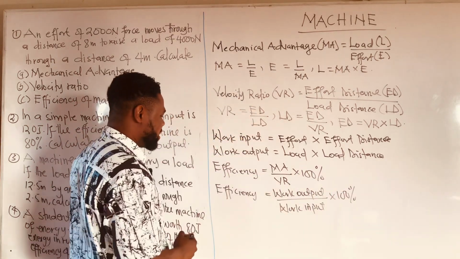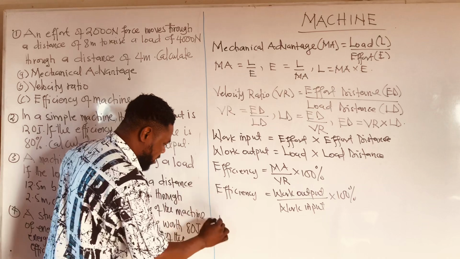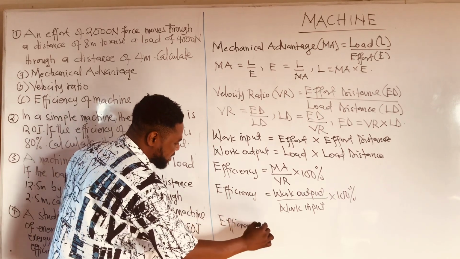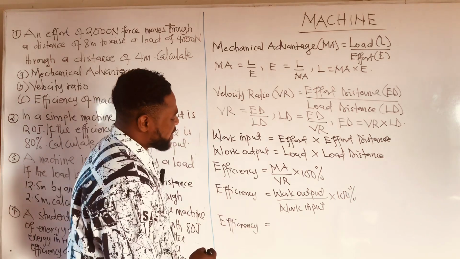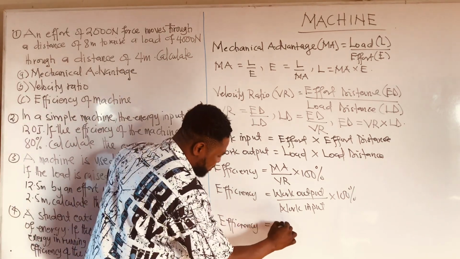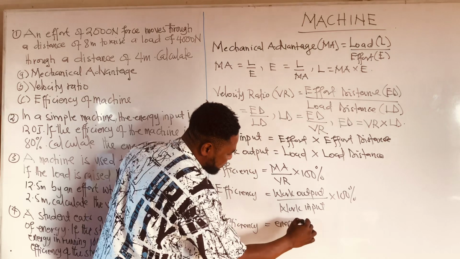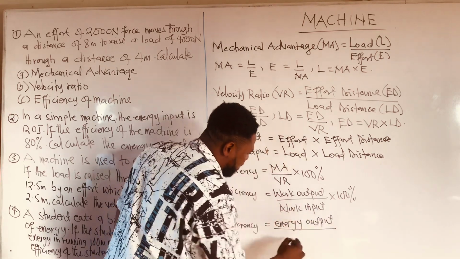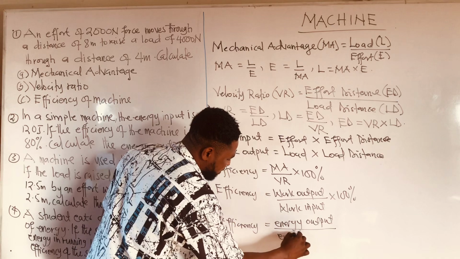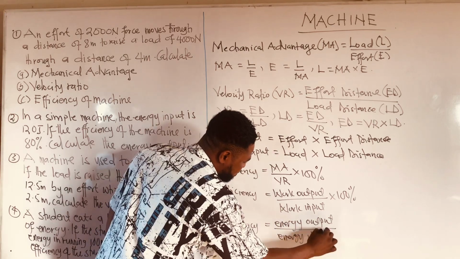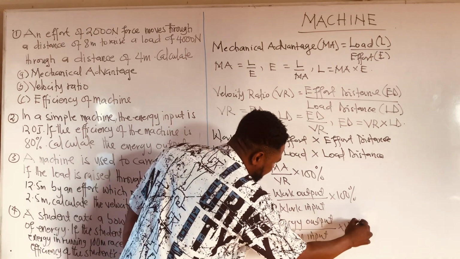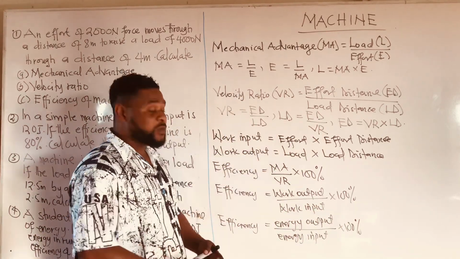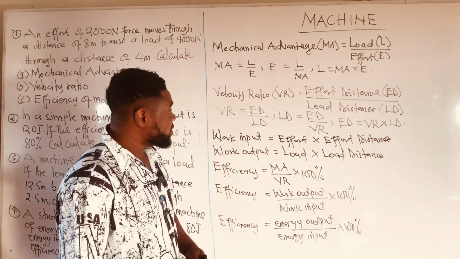And we can also have another formula for efficiency of machine as energy output all over energy input expressed as percentage. So with this one alone, we can deduce more formulas for efficiency of machine.